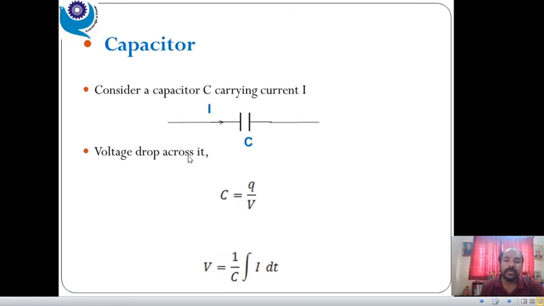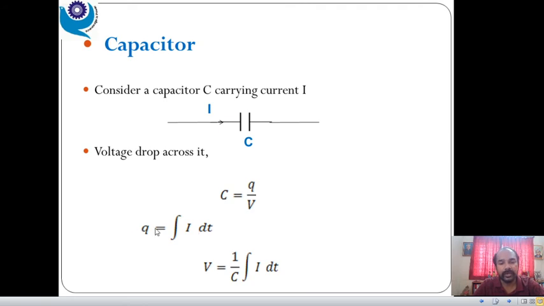Second, the capacitor C, with current flowing in this direction. The capacitance equation is C is equal to Q by V. So the voltage drop across the capacitor is given as V is equal to 1 by C integration of I dt, since charge is nothing but the integration of I dt.